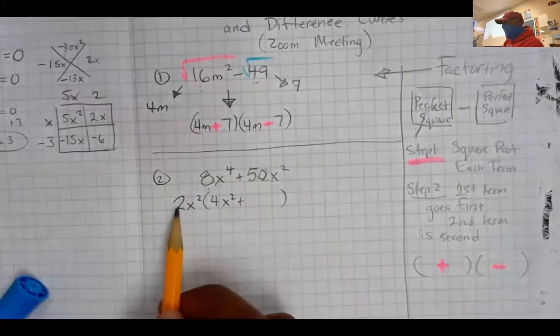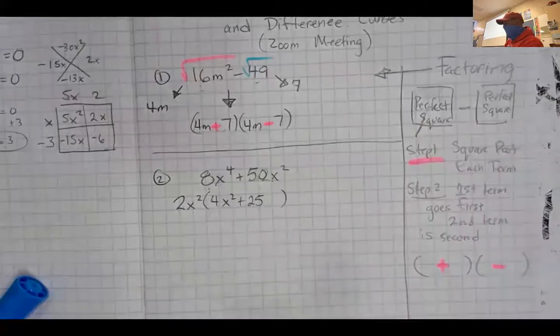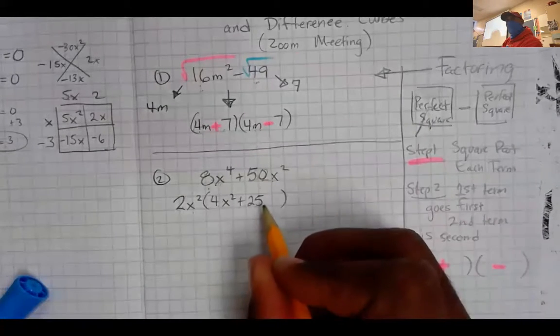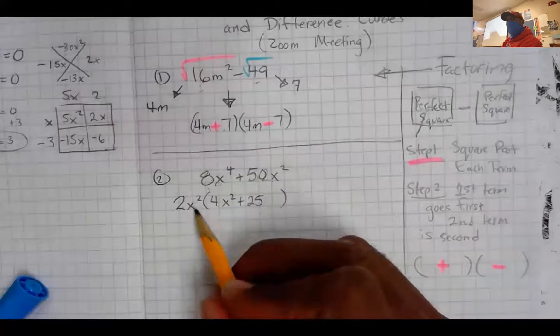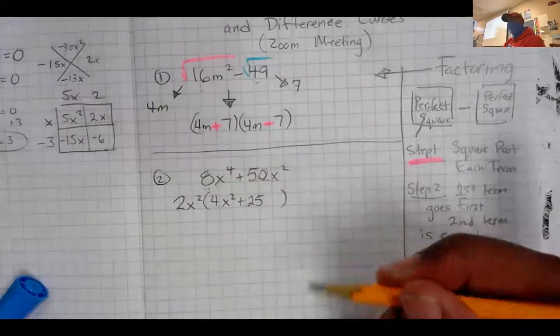And then here again, 2 times 25, and I don't need to add in another x here because 2x squared times 25 is 50x squared.